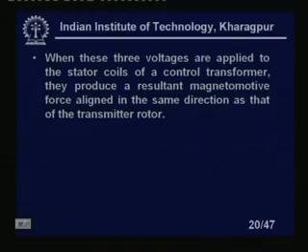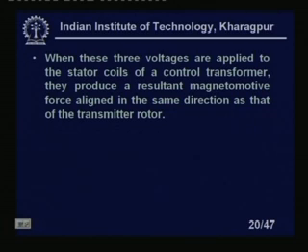When these 3 voltages are applied to the stator coils of the control transformer, they produce a resultant magnetomotive force aligned in the same direction as that of the transmitter rotor.